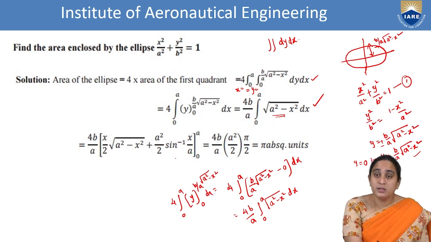Then after writing the formula here, what about the limit points? 0 to a. Now substitute the limit points there.